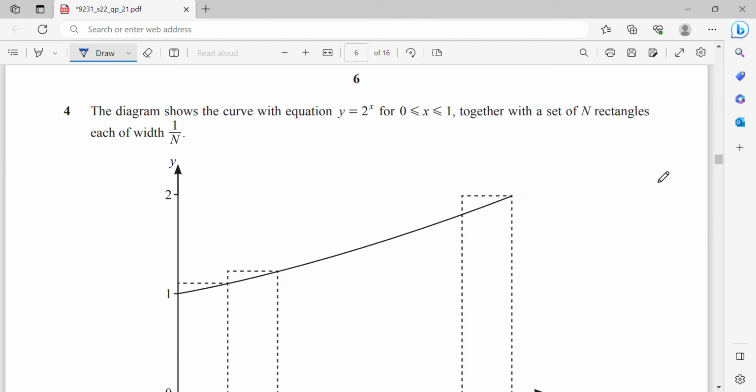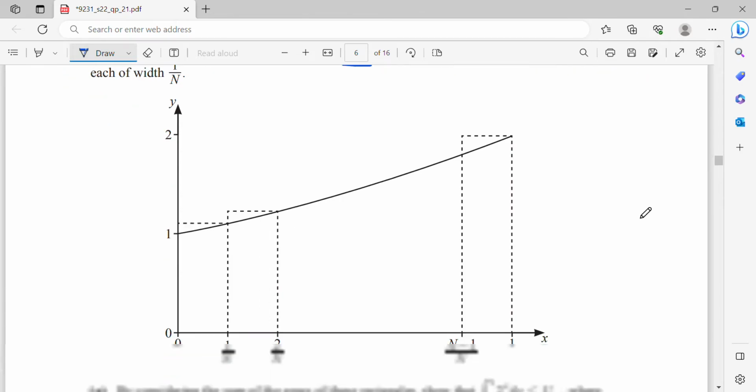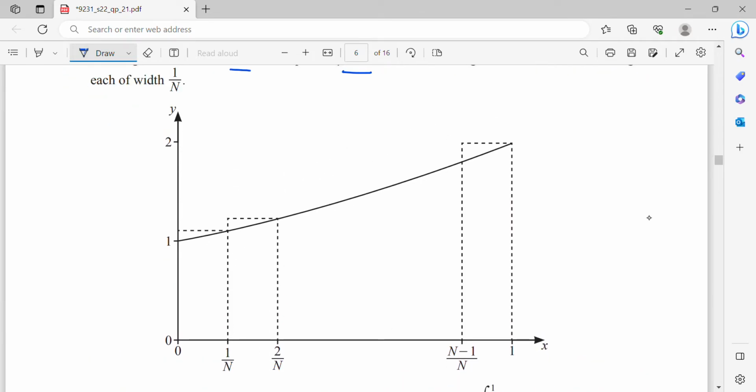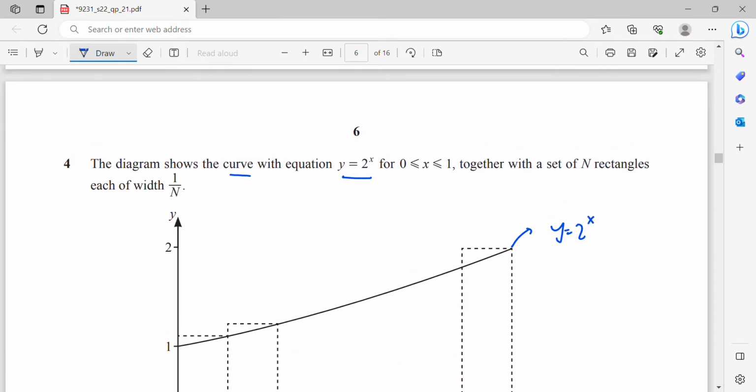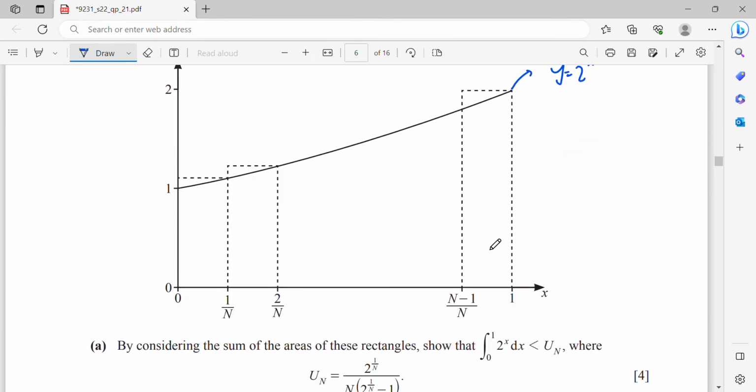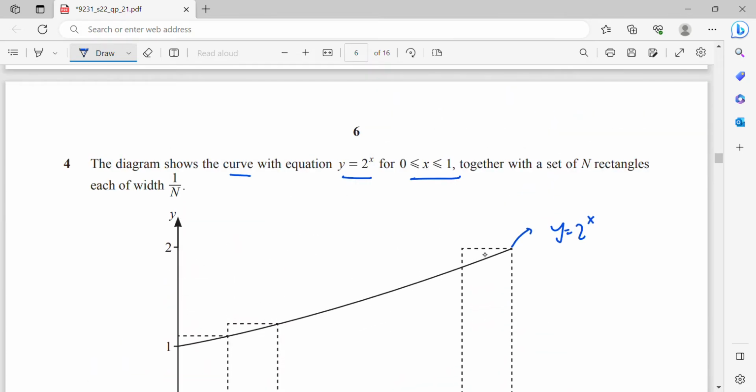Now question 4. The diagram shows the curve with equation y equals 2 power x, for x from 0 to 1, together with a set of n rectangles, each with width 1 over n.